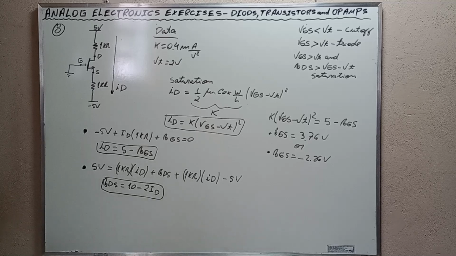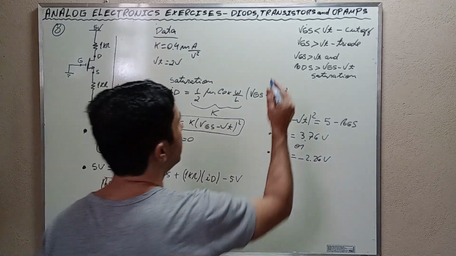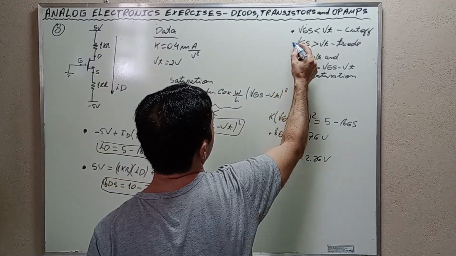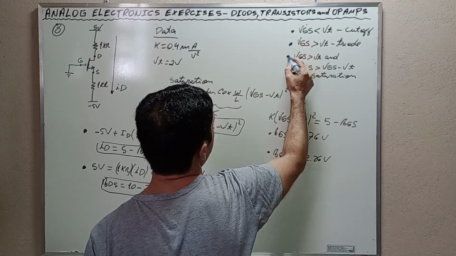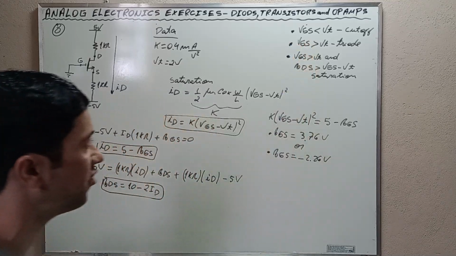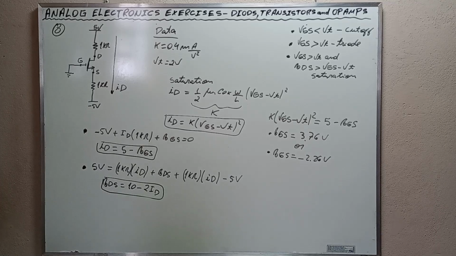As we assume saturation, VGS has to be greater than VT. Okay, this is cutoff, this is triode, and this is saturation. We assume saturation, and in the saturation region of operation, VDS has to be greater than VGS minus VT.